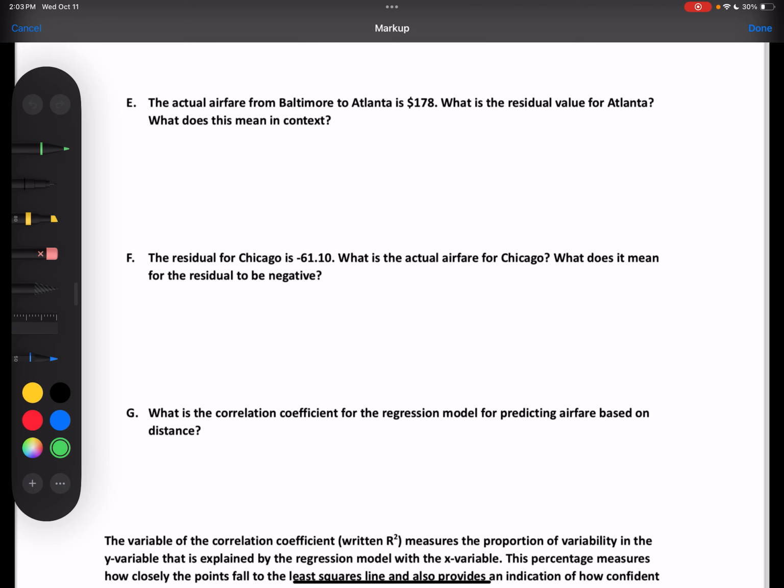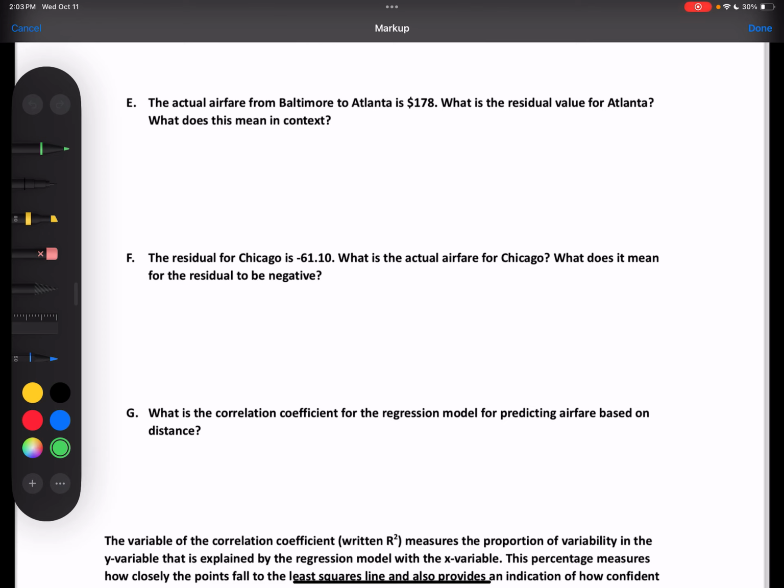Okay, so the actual airfare from Baltimore to Atlanta is $178. What is the residual value for Atlanta, and what does that mean in context? So, the downside did not have any other thing on the screen. There we go. So, this is what it actually cost the person to, let's say, book their flight.